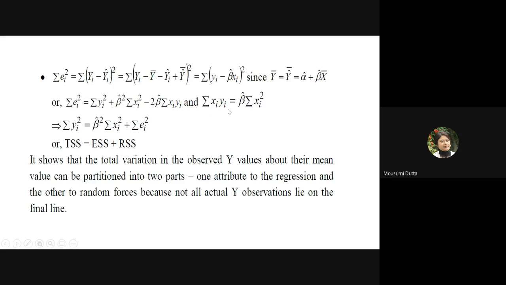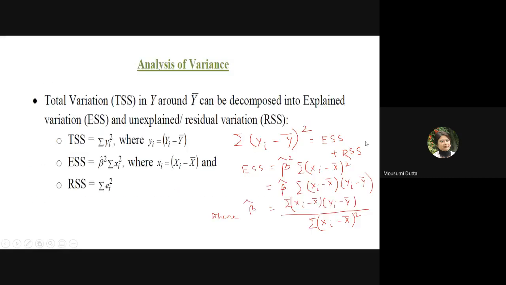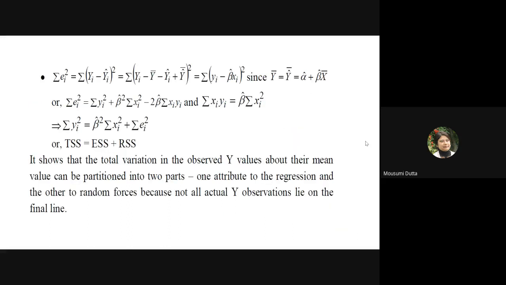Now summation xi yi, that is summation xi minus x bar into yi minus y bar, is equivalent to beta hat into summation xi minus x bar whole square, from the beta hat formula as we did. Beta hat into summation xi minus x bar whole square is equivalent to summation xi minus x bar into yi minus y bar.